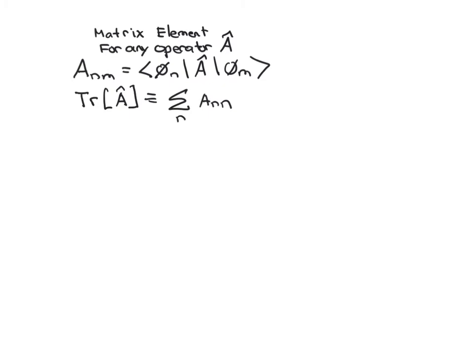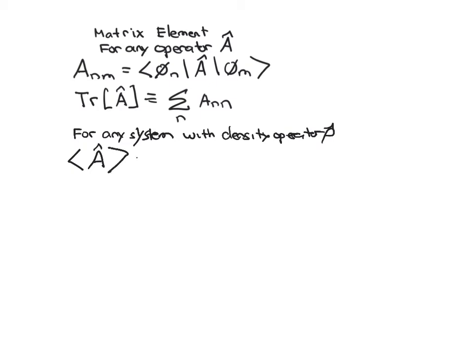And then a really important and useful result is that for any system, it could be a pure system or a mixed system, which is represented with a density operator rho hat, if you go to calculate the expectation value of any operator associated with that system, you can calculate the expectation value of that operator just by taking the trace of A rho hat.